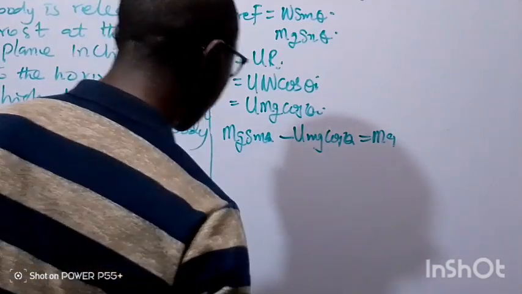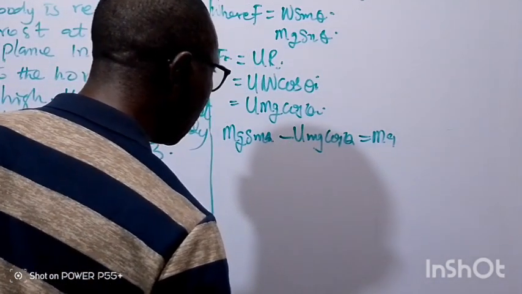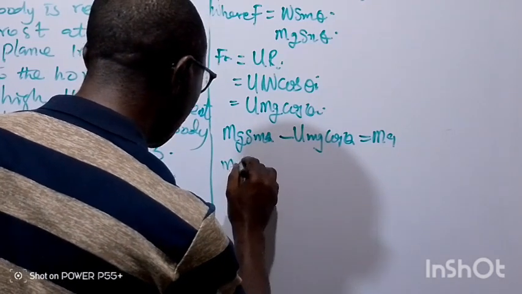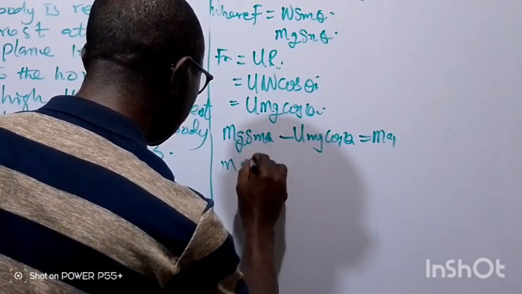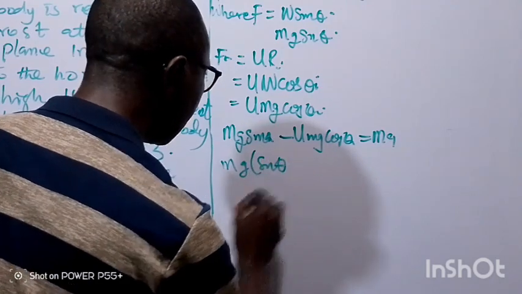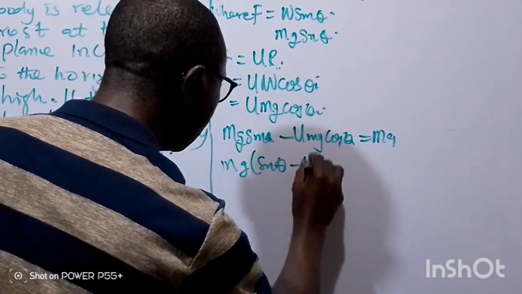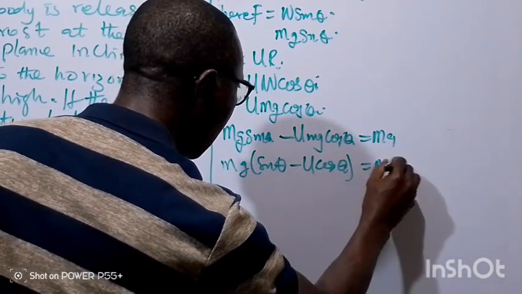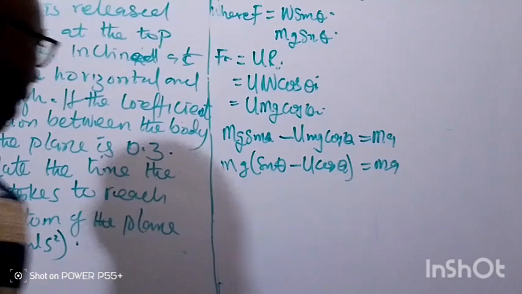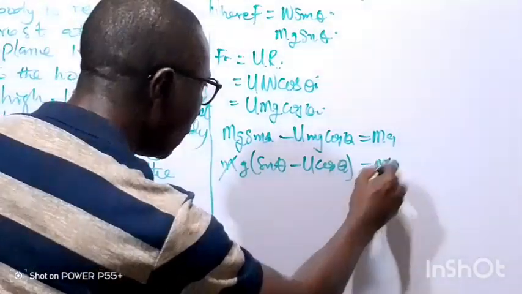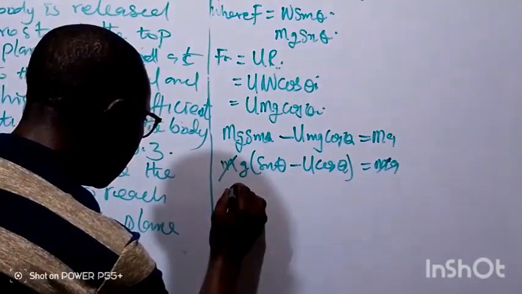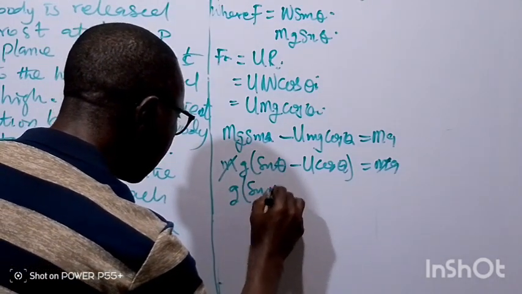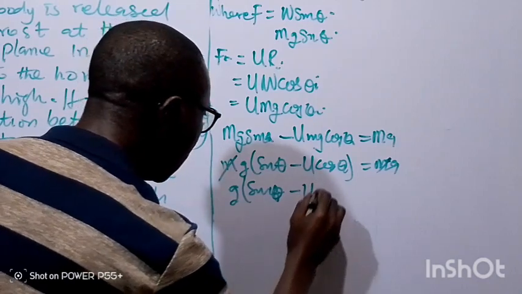So we can say mg into sin theta minus mu cos theta is equal to ma. Here now, m will cancel m. So we have g into sin theta minus mu cos theta is equal to a.